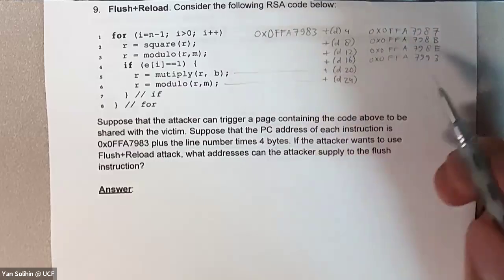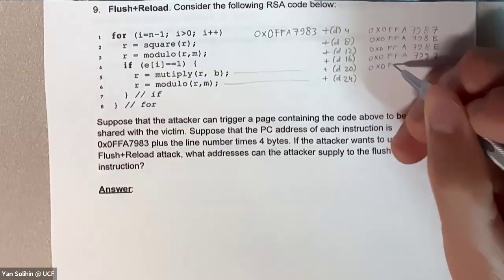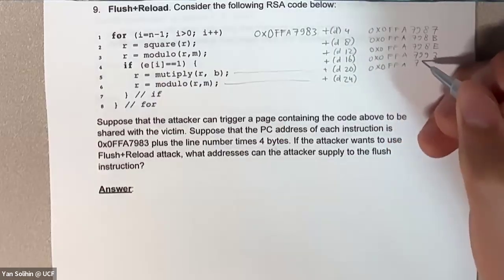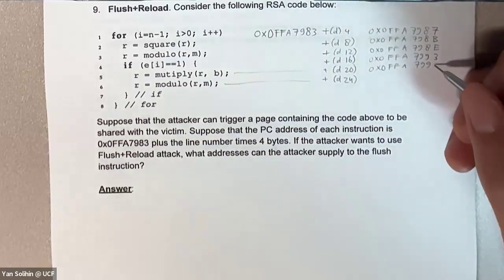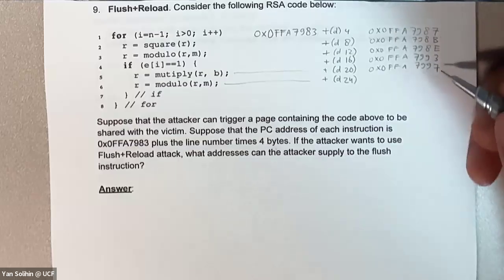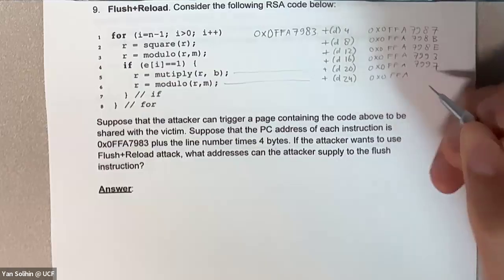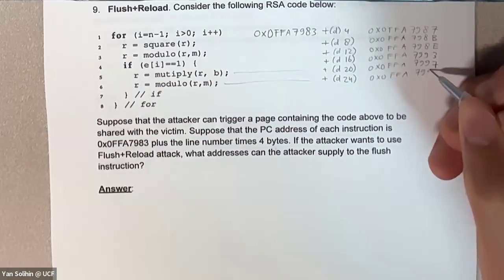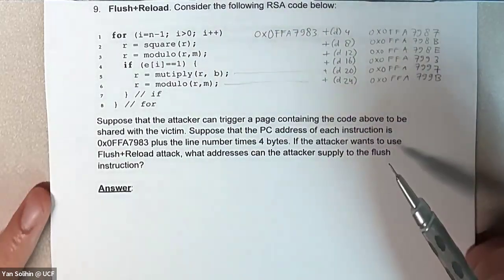You can see we start wrapping around. The next one, 4 over this one, will be 7, and the last one will be B. All right, so we have all the instruction addresses.